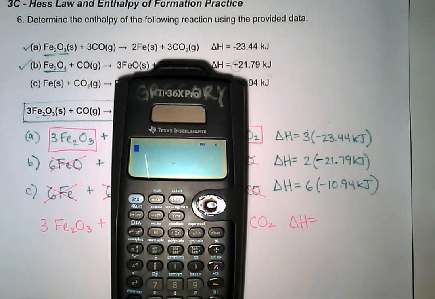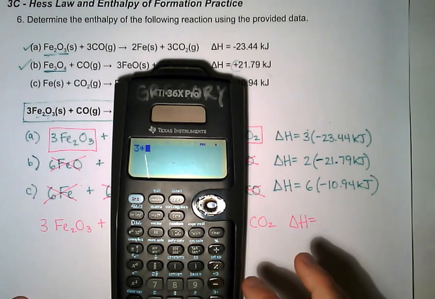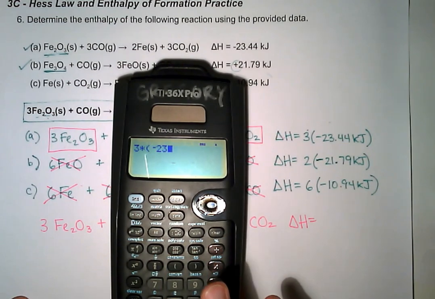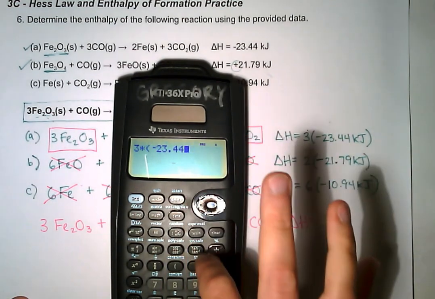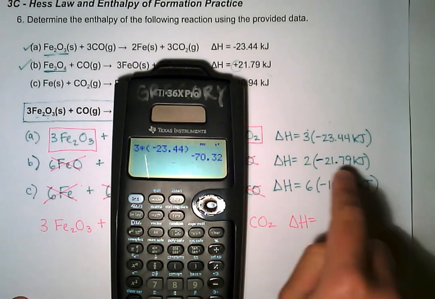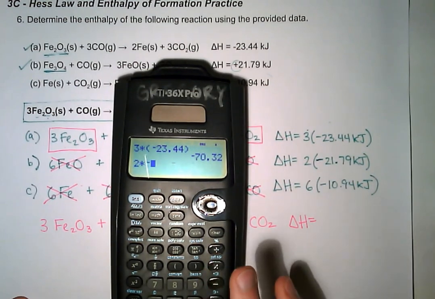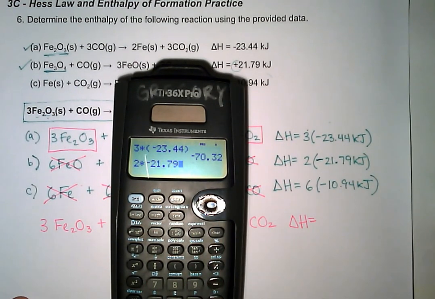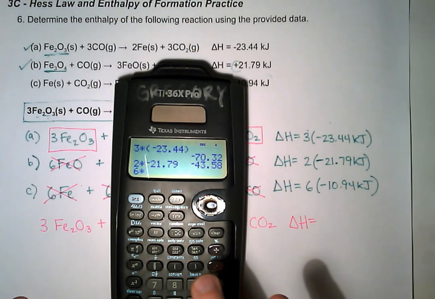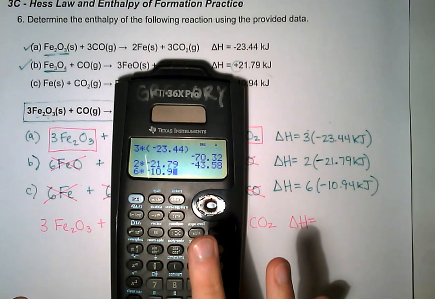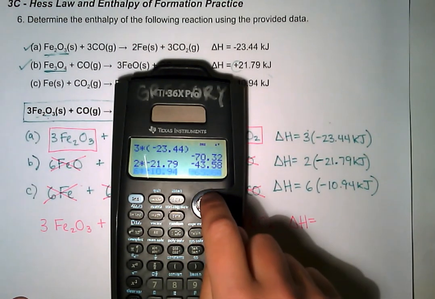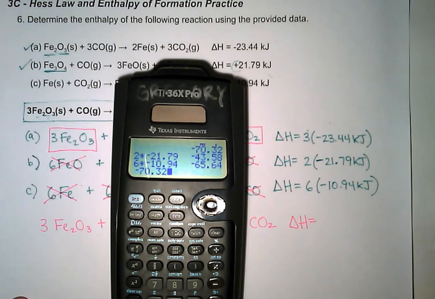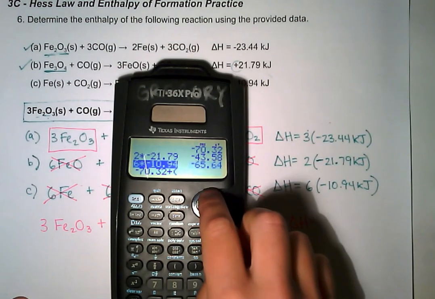So we'll do 3 times negative 23.44, whoops, 2 times negative 21.79, and then 6 times negative 10.94. And then I'm going to take all these values and add them up.